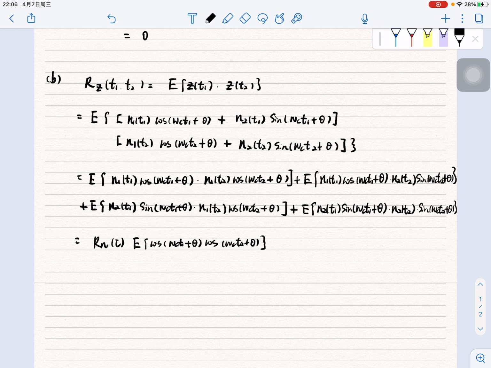The second term is eta1 eta2 multiplied by the expectation of cosine omega c t1 plus theta, multiplied by sine omega c t2 plus theta.